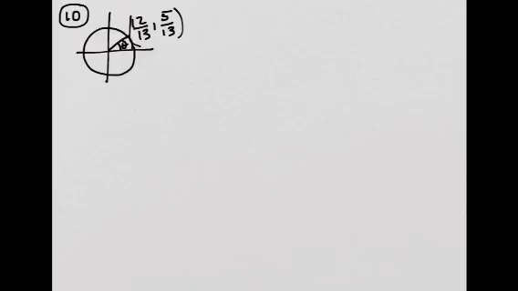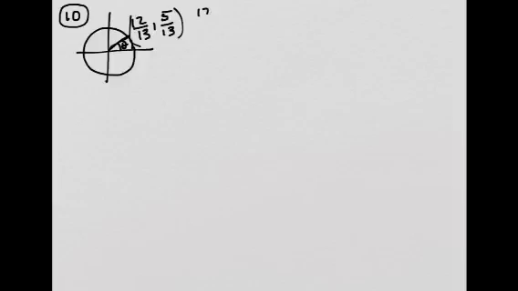Alright, so for number 10, we know that this point, 12/13, 5/13, is on a unit circle, because when we do x squared plus y squared equals r squared, we get 1.